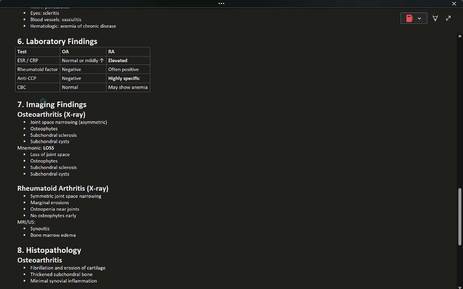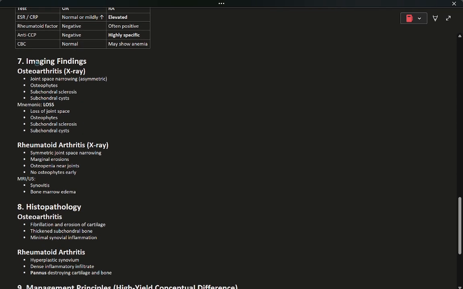And then for imaging findings, of course you're going to order an x-ray, because in osteoarthritis, the x-ray is going to show joint space narrowing. Although such narrowing is going to be asymmetric in nature, it's also going to show osteophytes, subchondral sclerosis, and subchondral cysts.